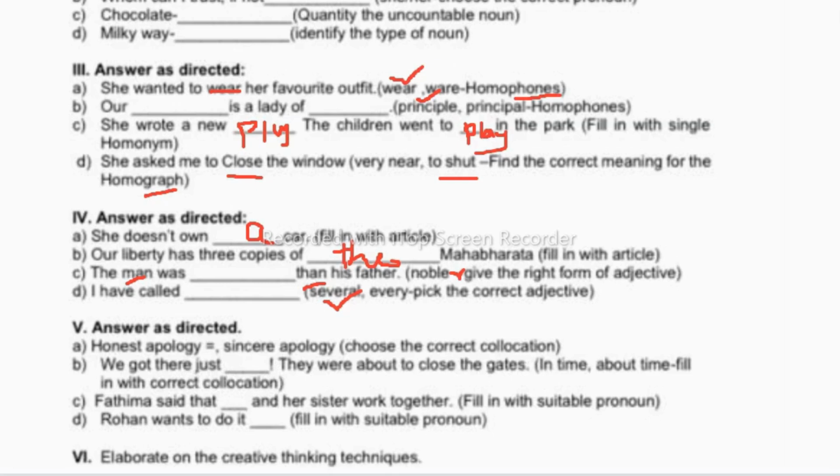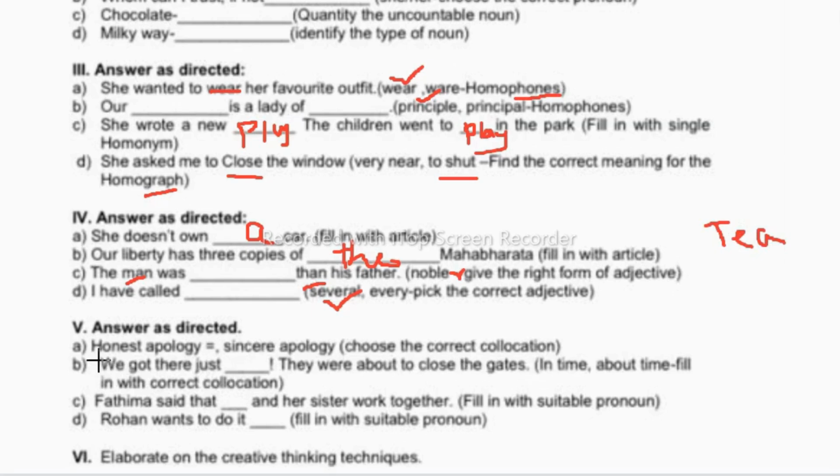Like for example, if I want to say about tea, what collocation will you choose for this? Strong tea or powerful tea? What we say? We say strong tea, not powerful tea. So some words fit together, but some words don't fit together. That only we have to identify. So the correct collocation we have to choose.